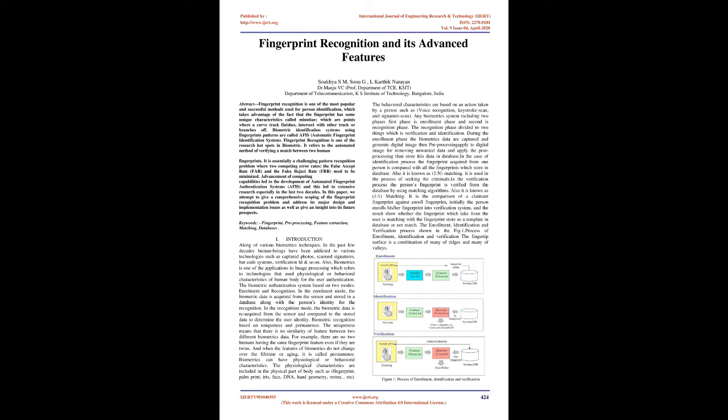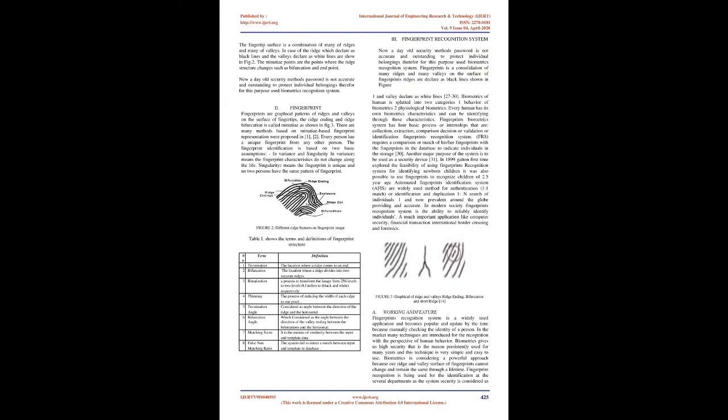In the case of the identification process, the fingerprint acquired from one person is compared with all the fingerprints stored in the database. It is also known as 1:N matching. It is used in the process of seeking criminals. In the verification process, the person's fingerprint is verified against the database by using matching algorithms. It is also known as 1:1 matching.